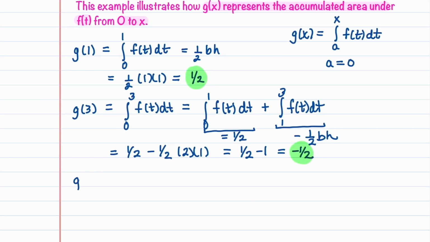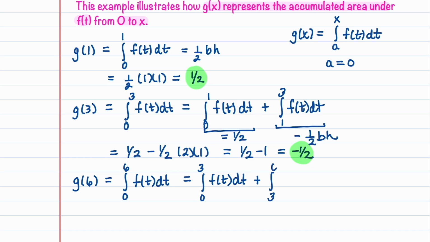Now let's find g at 6. This is the integral from 0 to 6 of f of t dt. Because we know the integral now from 0 to 3, we're going to split this integral up, and we're going to integrate from 0 to 3, f of t dt, and then we're going to add on the integral from 3 to 6 of f of t dt.